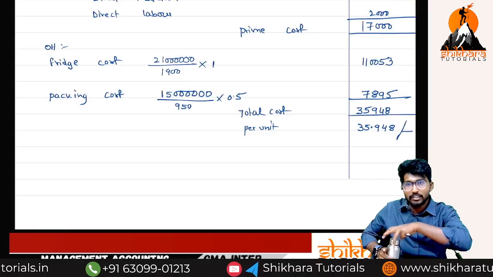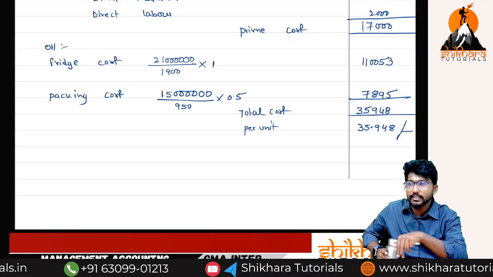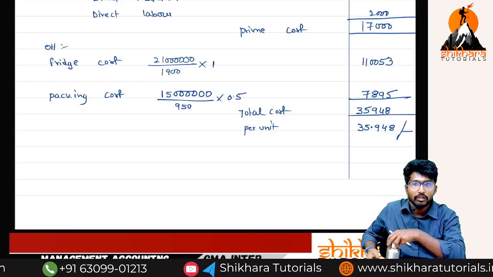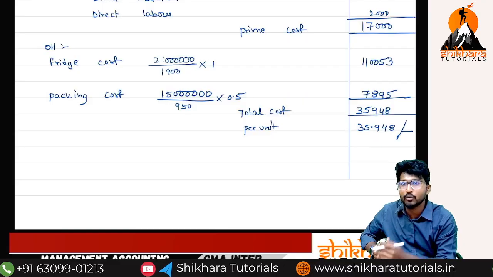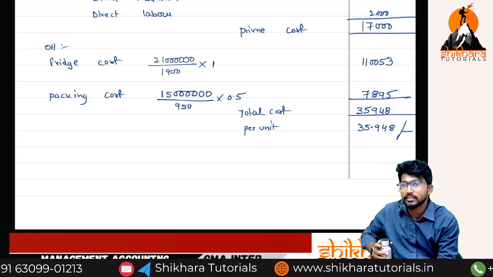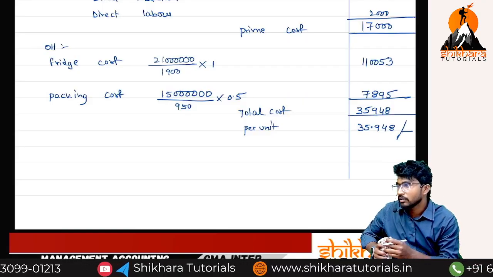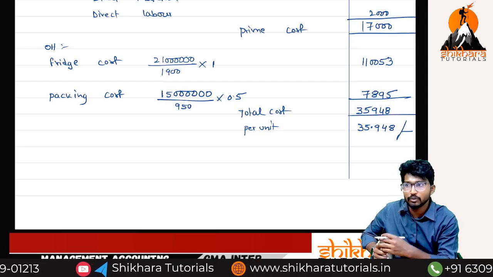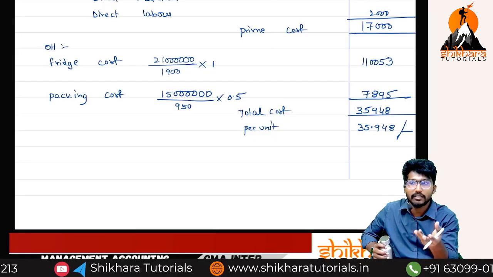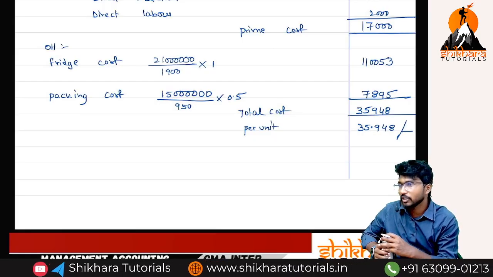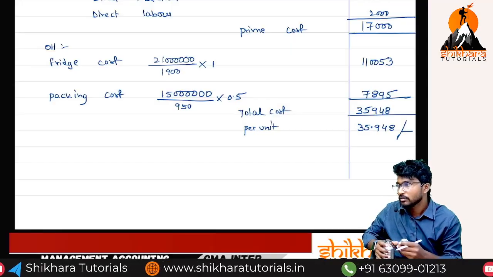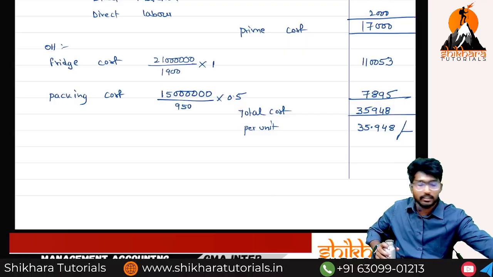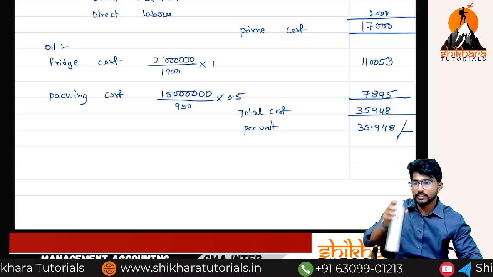According to your calculation the cost is 32 only, but the actual cost is 35. Based on 32, you are charging 34 or 35 rupees from the customer, but you are incurring almost 36 rupees. So due to this reason, you may incur losses.